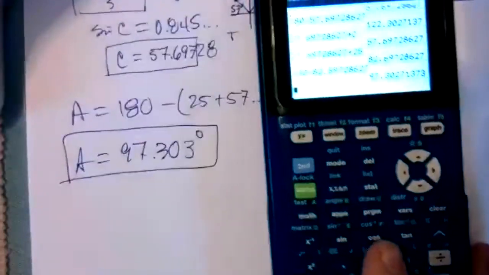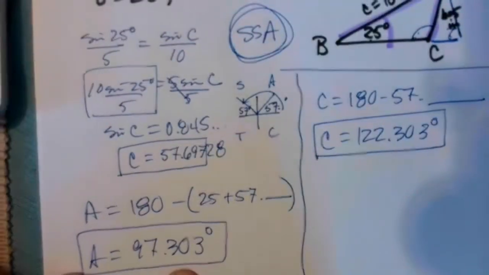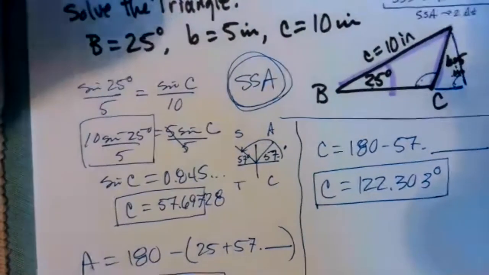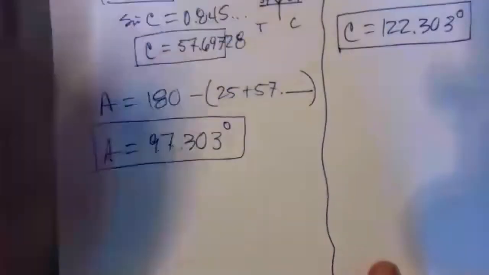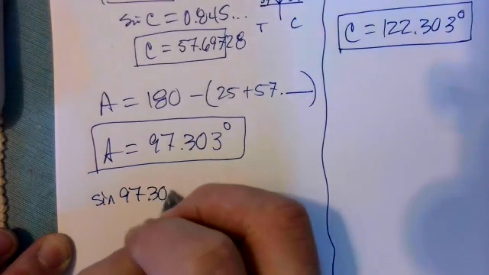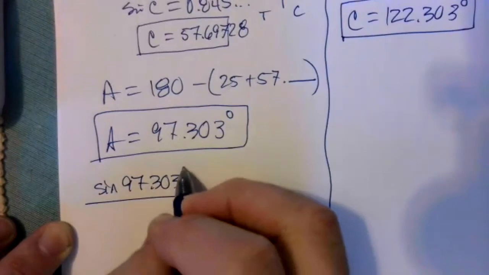Okay, so now I know all three angles. Here's angle A, here's angle C, angle B was given. Okay, I already know side B and side C. All that's left is side A. Okay, so I'm going to do sine of A, and I'm really going to use the whole number. I'm not going to just use this rounded version.